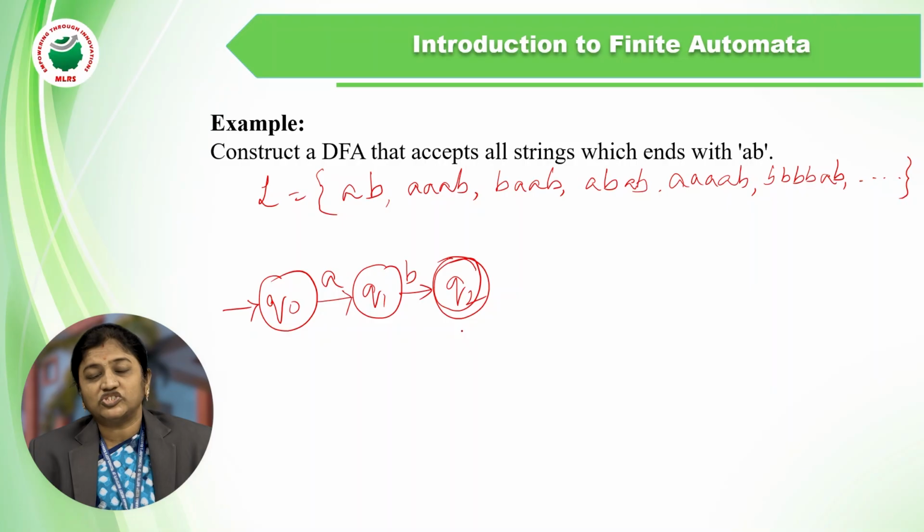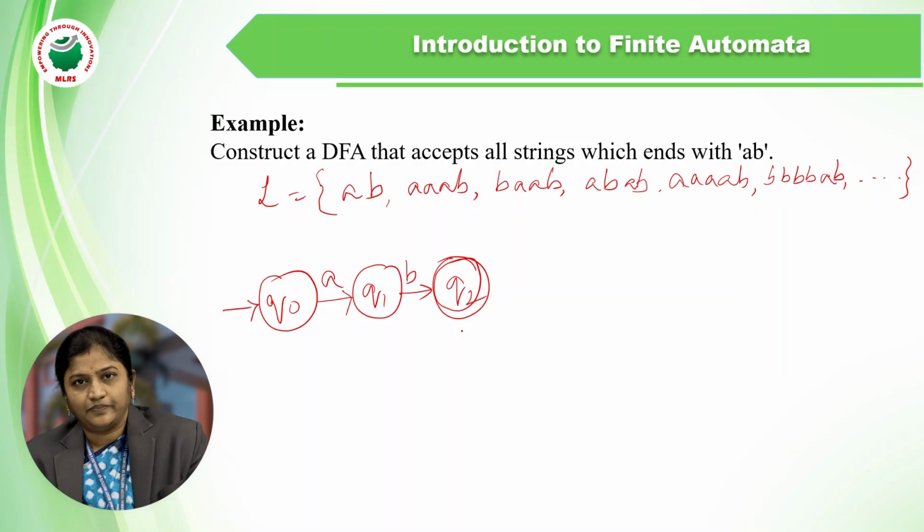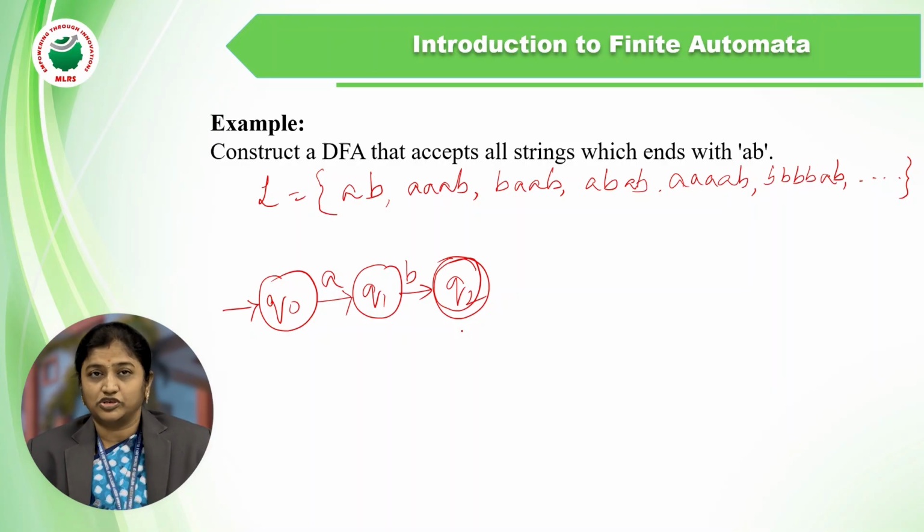Now we should check for the other possibilities, because in a DFA, from one state with one input symbol, it should reach only one state. We need to check all the possibilities, because there are 2 input symbols, A as well as B. We cannot check only one input symbol, we should not stop before checking B. It can start with B also.